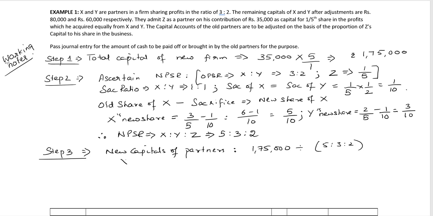So in the case of X, the capital is 1,75,000 rupees multiplied by 5 divided by 10, which is 87,500 rupees. In the case of Y, it's 52,500 rupees, and in the case of Z, it's 35,000 rupees.